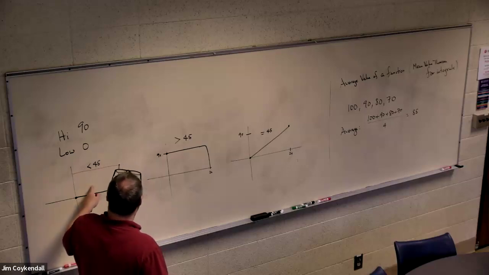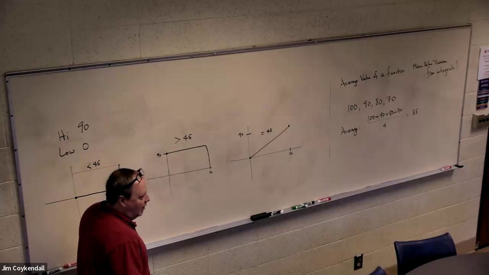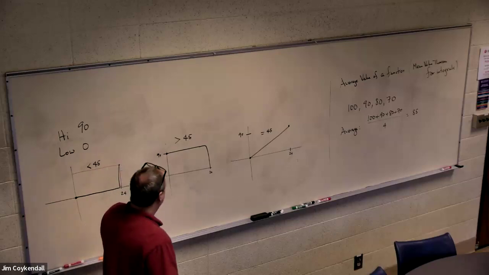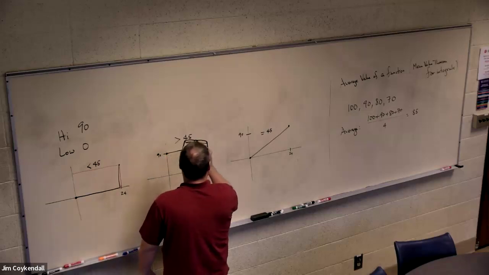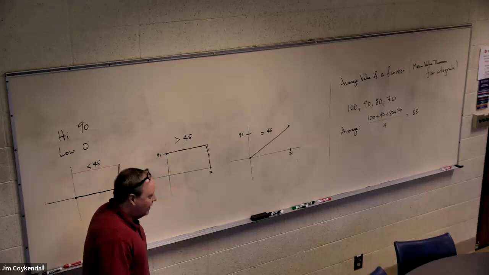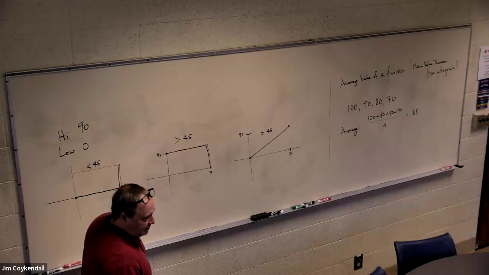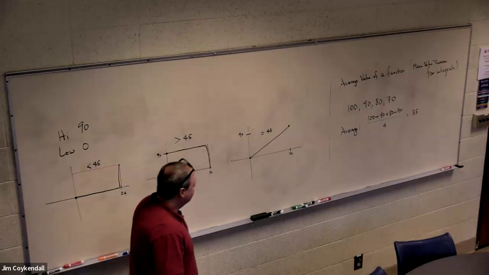How much of this is occupied by the area under the black curve? Almost none. On the other hand, this box is also 24 by 90. How much of the box is occupied by the area under the black curve? Almost all of it. Everybody agree with that?